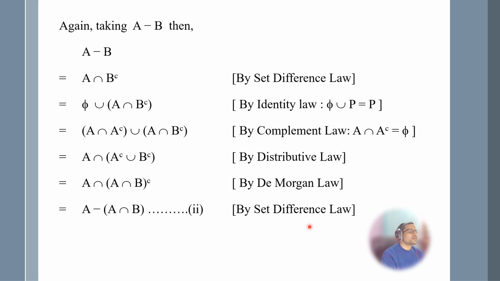By the definition of set difference, we can write A minus A intersection B. Now we got the left side from the right side, and from relation 1 and 2, A minus A intersection B equals A minus B, which is proved.